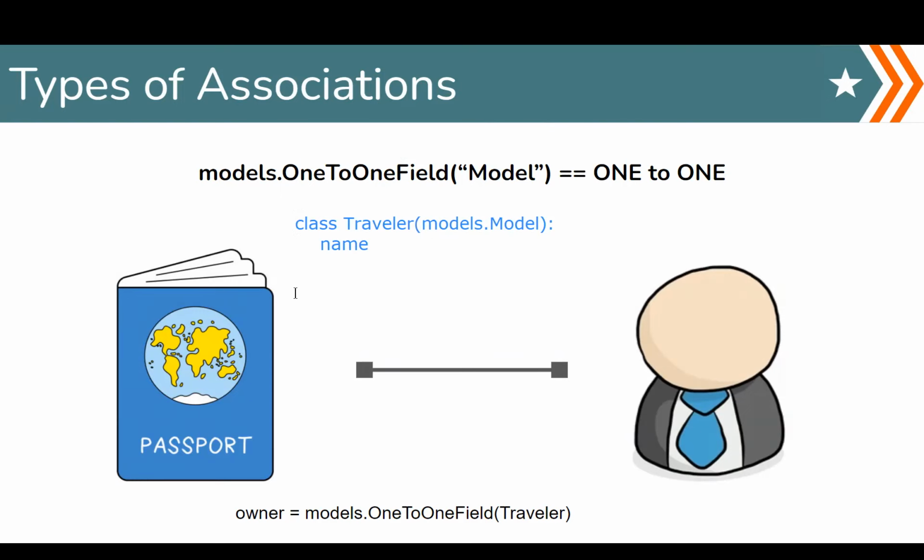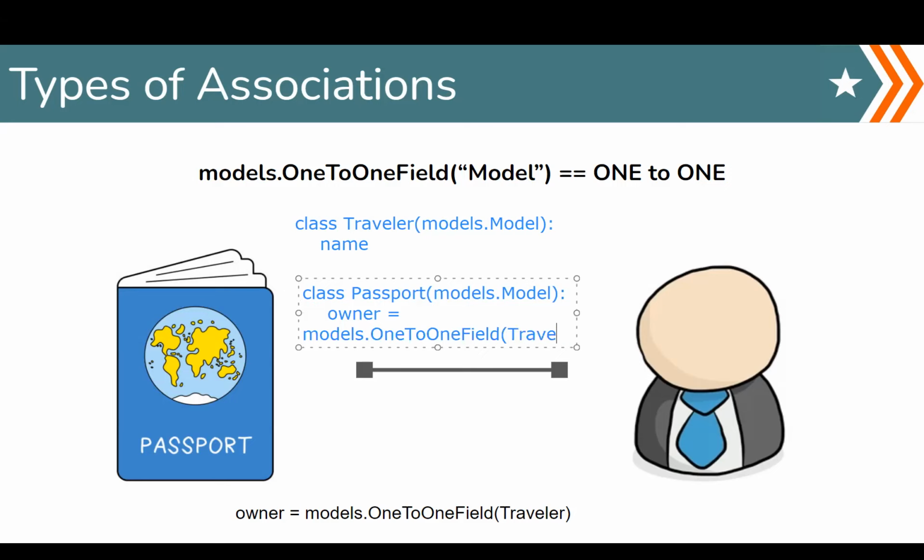But now if we need to have a class Passport that also comes from models.Model, there needs to be an S in there. Then we can have the passport have an owner, and this will equal models.OneToOneField(Traveler). So what does this mean for us?